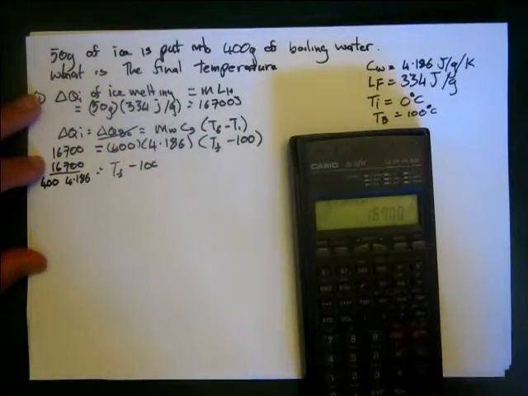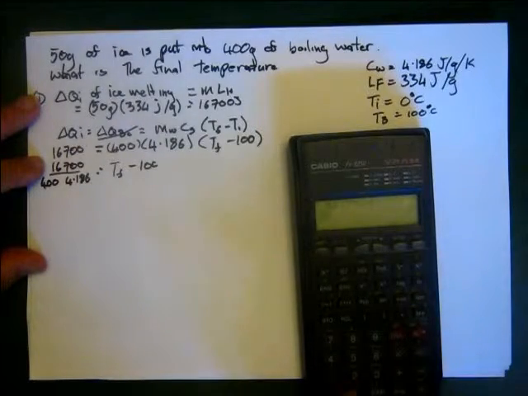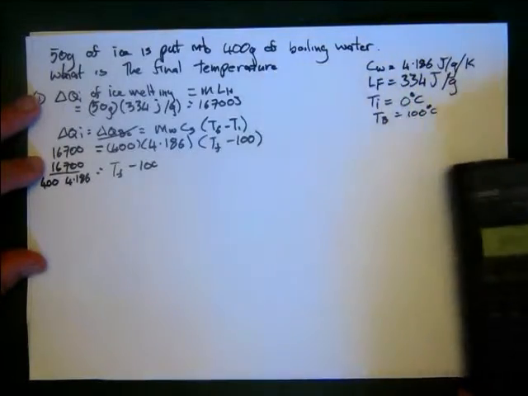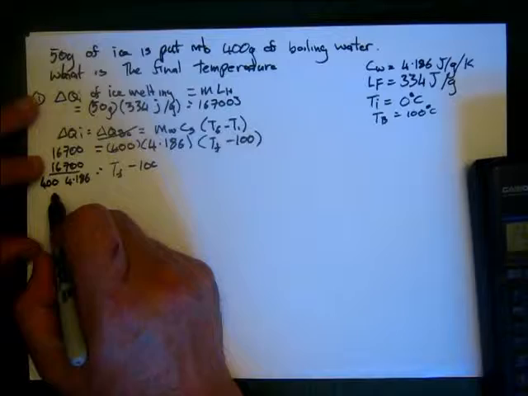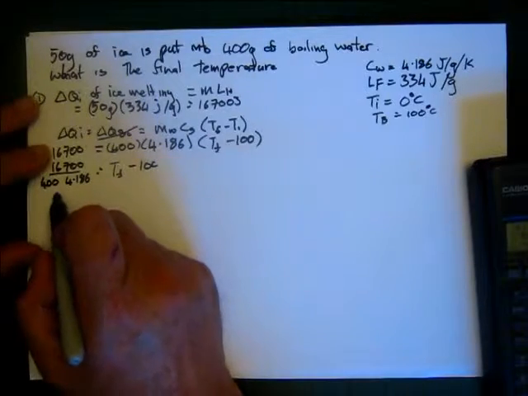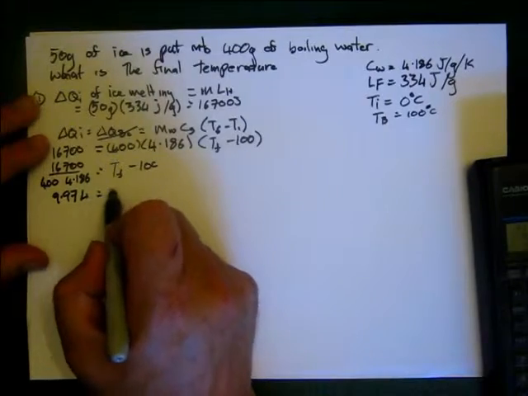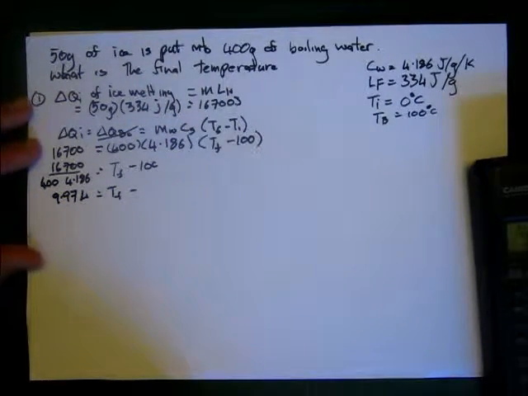So what's that? 16,700 divided by 400 divided by 4.186 equals 9.974 equals TF minus 100. What did I do here?